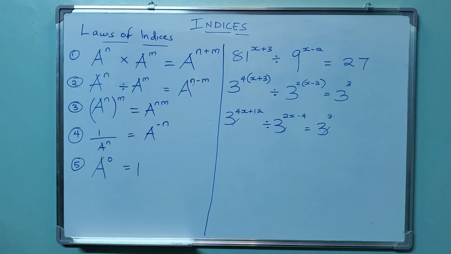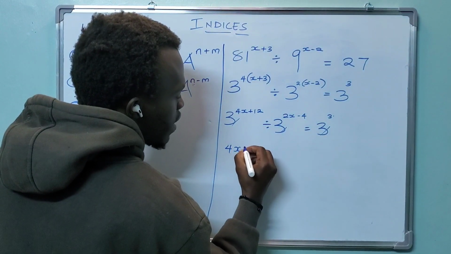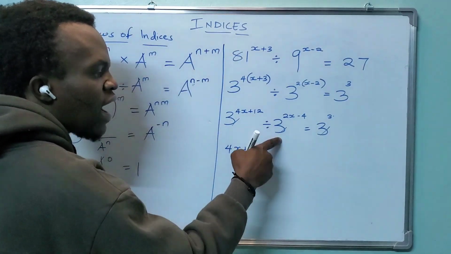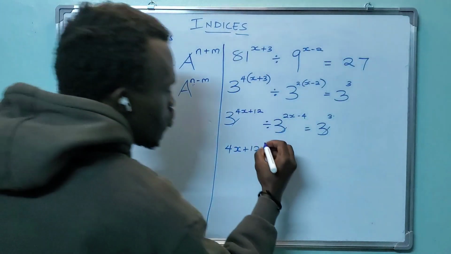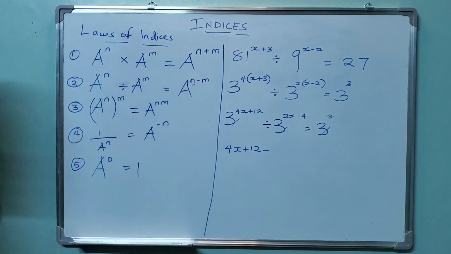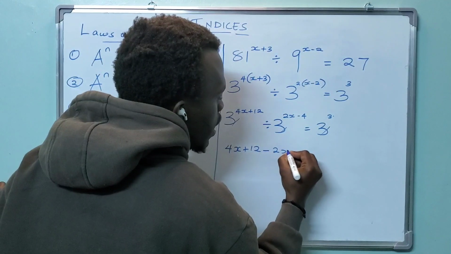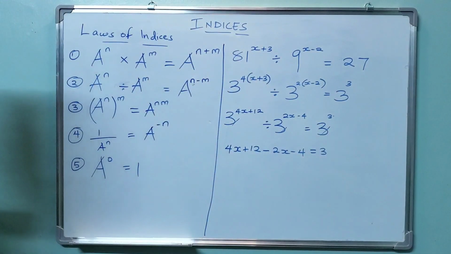We are going to take the powers, whereby my first power is 4x plus 12. Then because the two powers here are separated with a division, instead of a division I'm going to have a subtraction, applying rule number 2. That is, subtract 2x minus 4 being equal to 3.